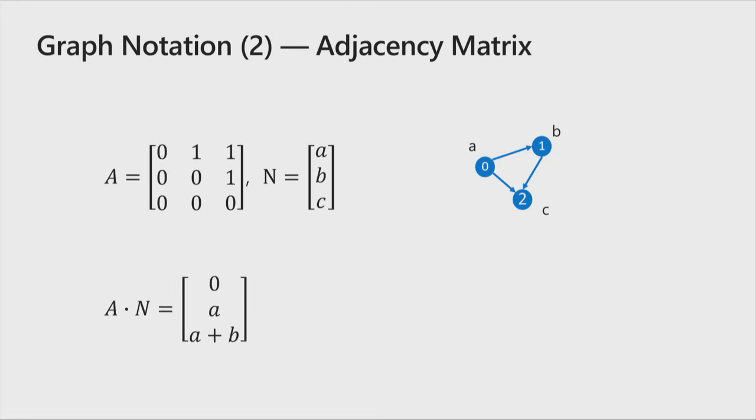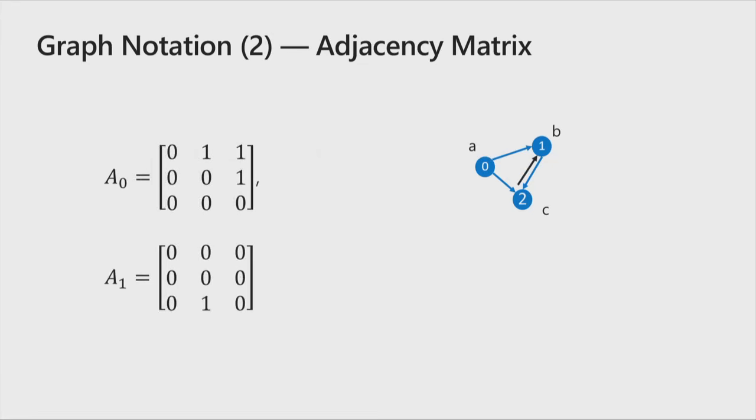Very vaguely, you had A here, and now B got A, so the second element is A. Whereas node 2 was connected to A and B, and you can see from the matrix multiplication that this is A plus B. This implies how message propagation will start working. And you can repeat this and create these adjacency matrices easily.